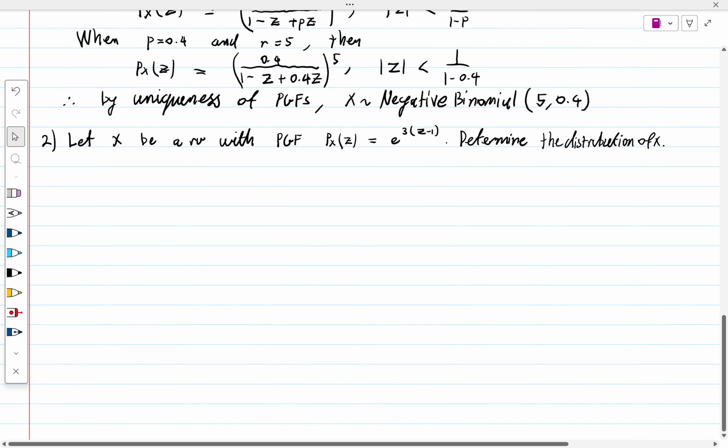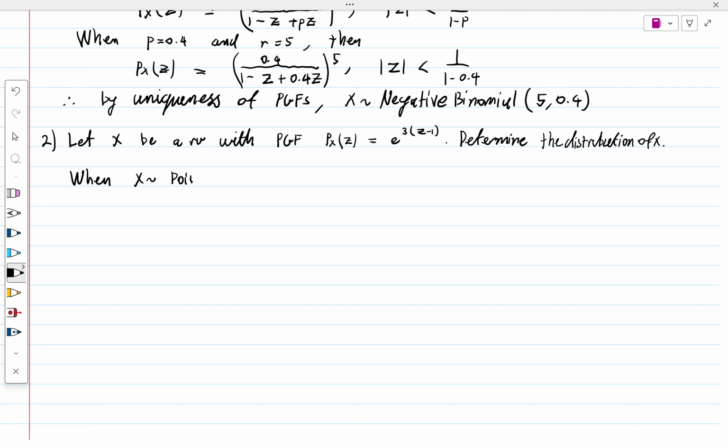So in a similar fashion to before, I'm going to note when X has a Poisson distribution with parameter lambda, then the probability generating function P_X(z) is by definition e to the lambda (z minus 1).